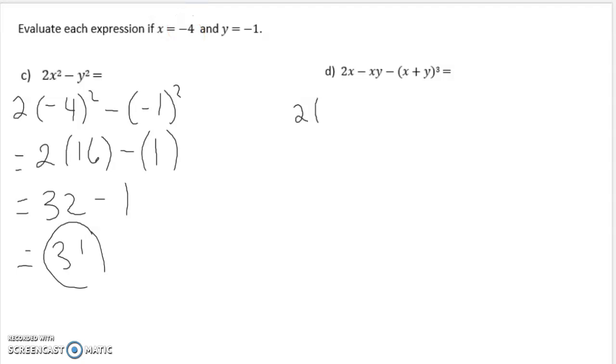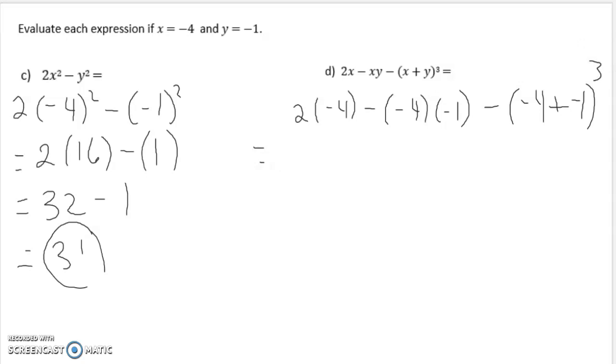So 2 times -4, and then minus, instead of this x right here, we're putting in -4, and instead of that y, I'm putting in a -1, and it's all multiplied together because they're all side by side, so -4, -1, minus, and then inside the bracket, it's x, but instead of x, I'm putting in -4, and then it says plus, and then y is -1, and it is cubed.